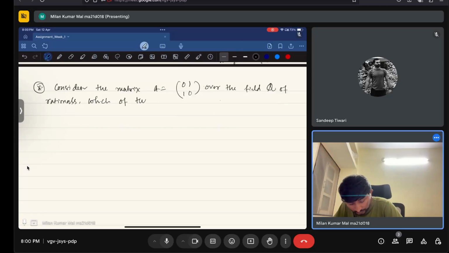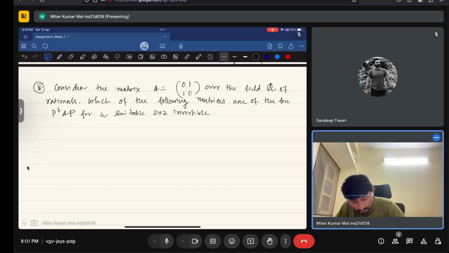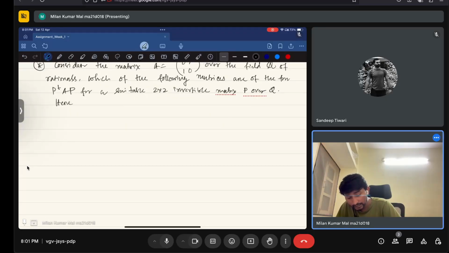Which of the following matrices are of the form P transpose AP for a suitable 2 by 2 invertible matrix P over Q? Here PT denotes the transpose of P.